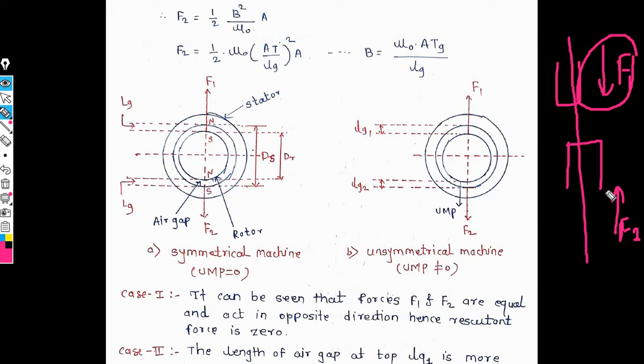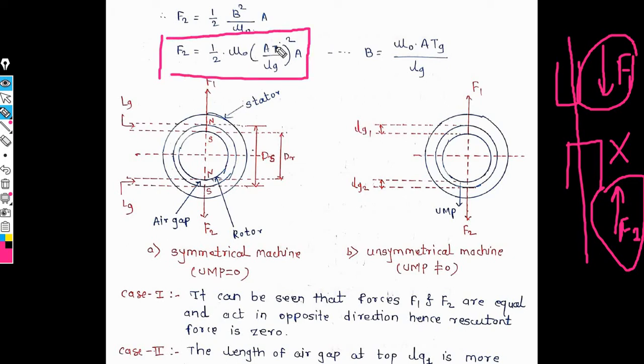When the two forces are equal, the magnetic pull condition occurs, and when these two forces are not equal, it is the unbalanced magnetic pull condition. Then we calculate F1, and the same formula applies for F. It is 1 by 2 into mu 0 AT square upon Lg into A. Then this is the value of A.